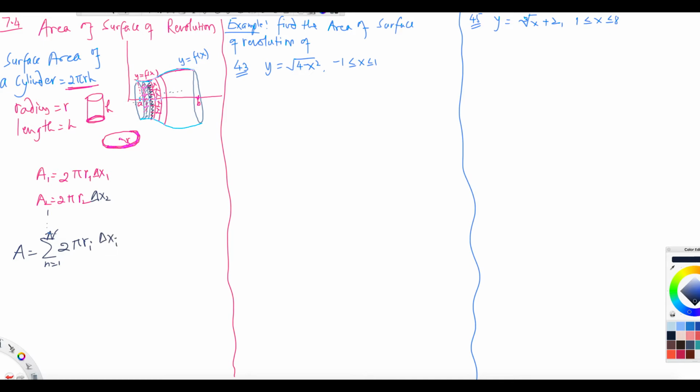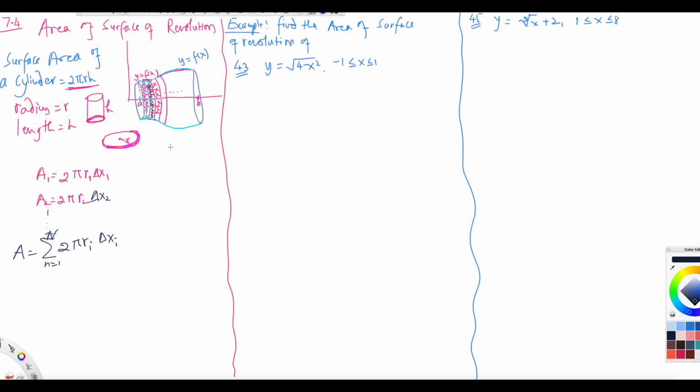But what is delta x i? Delta x i is that thickness. The thickness can be a constant thickness along a horizontal line, or it can be some curved thickness.